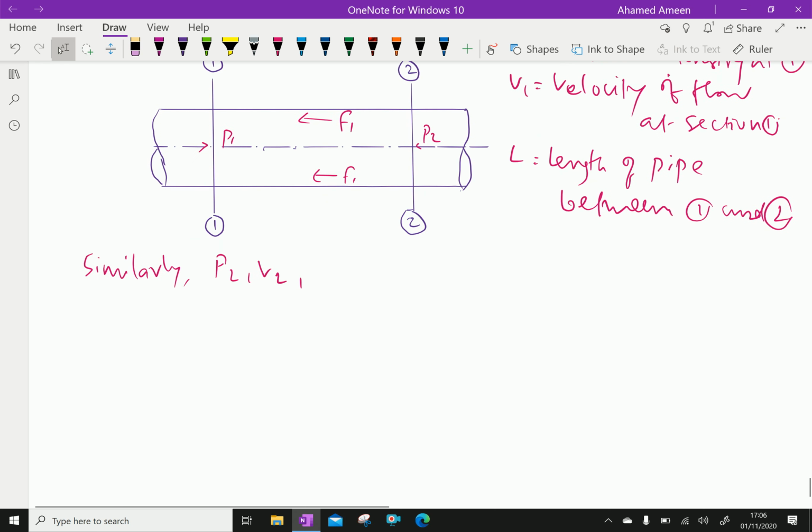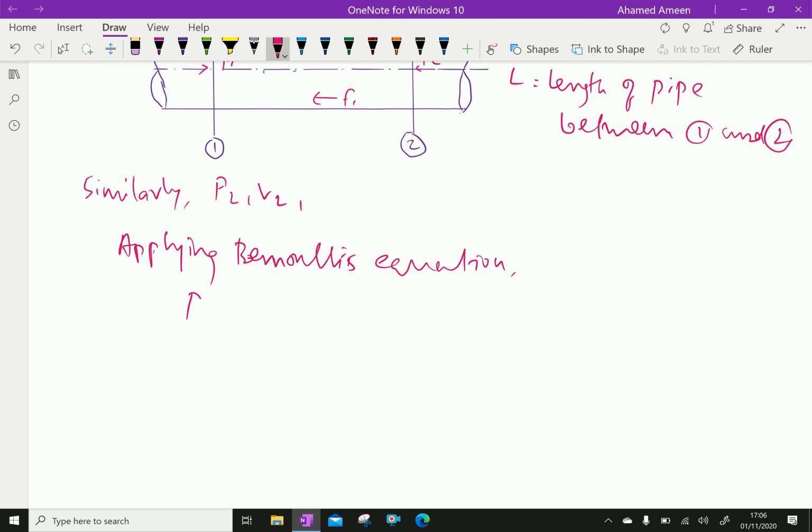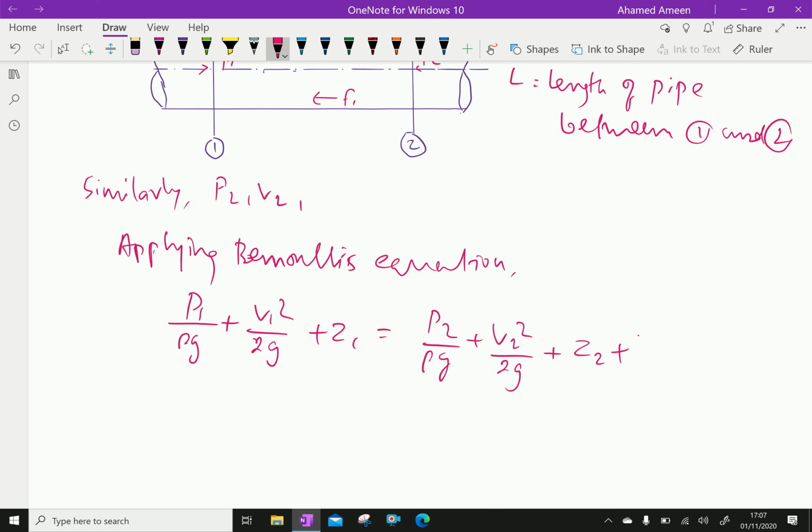Applying Bernoulli's equation between section 1 and 2: P1 by rho g plus V1 squared by 2g plus datum Z1 equals P2 by rho g plus V2 squared by 2g plus datum Z2 and friction losses HF.